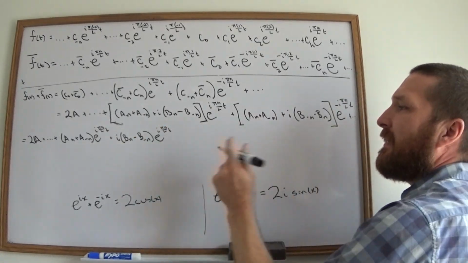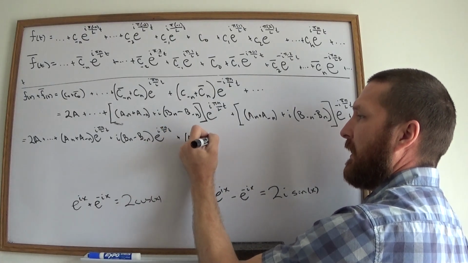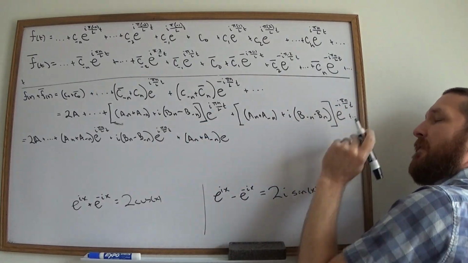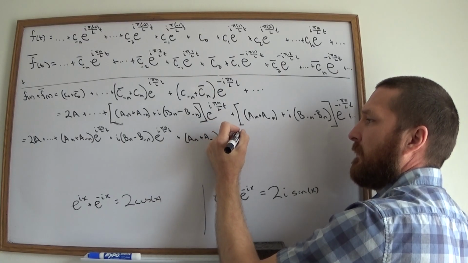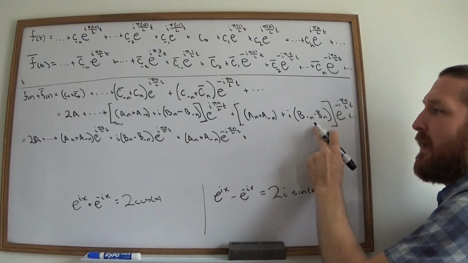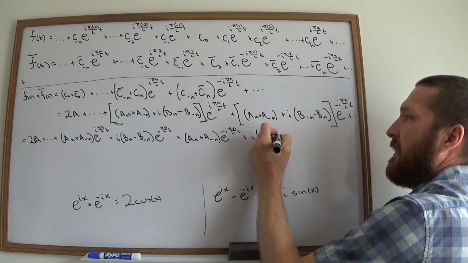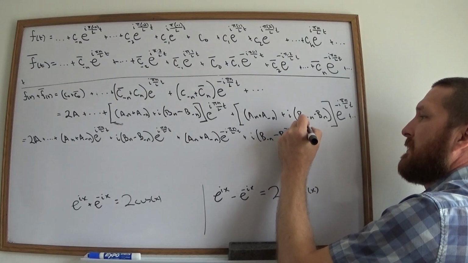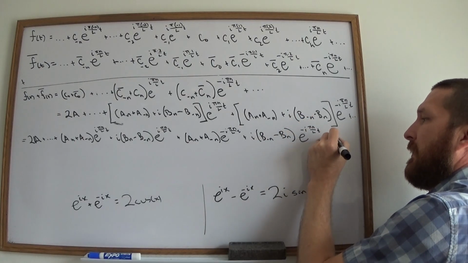Distributing him into here, we get a n plus a negative n, e to the negative i pi n over L t. Now, plus i times b negative n minus b positive n, e to the minus i pi n over L t, like that, and so on.